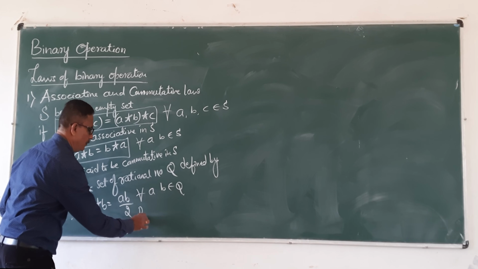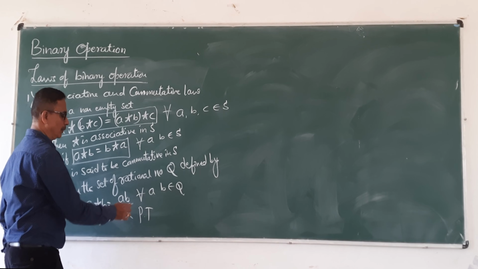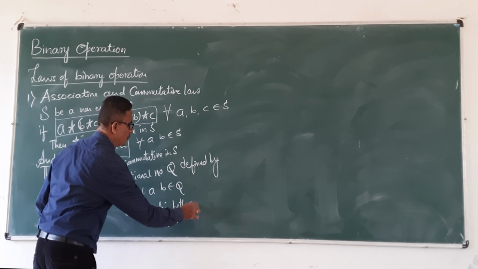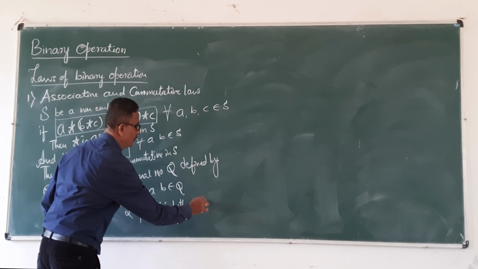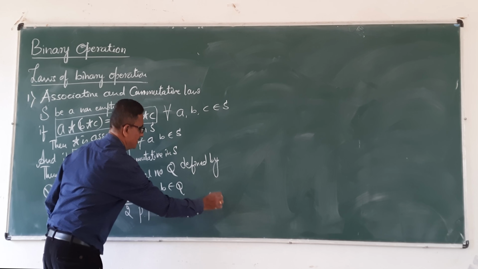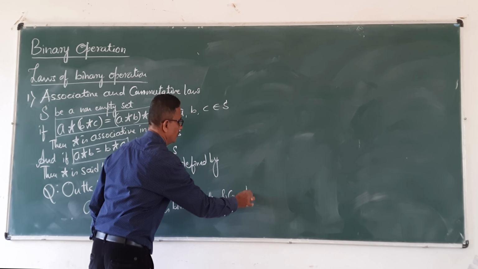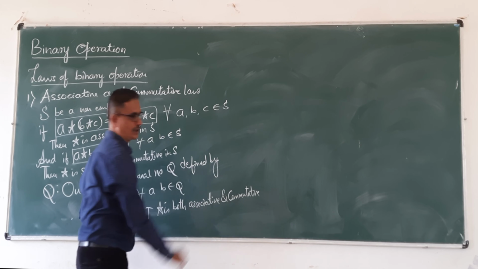Now the question: verify that star is both associative and commutative. That is 2 mark question.